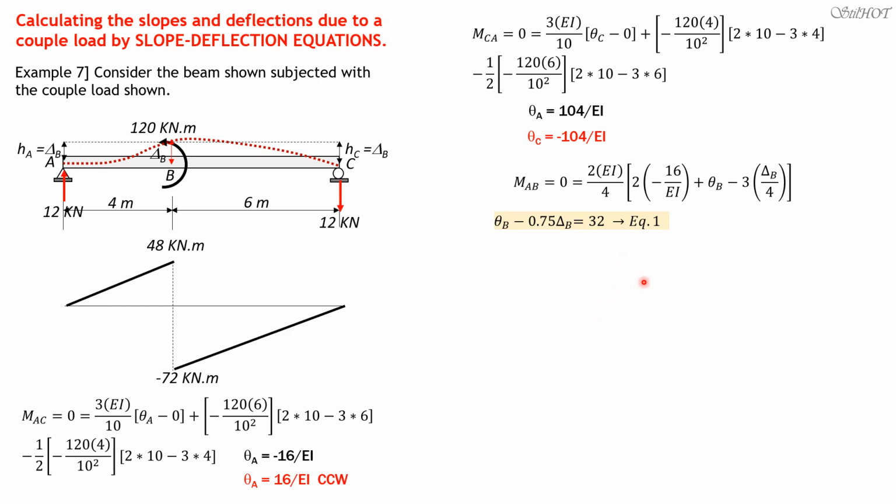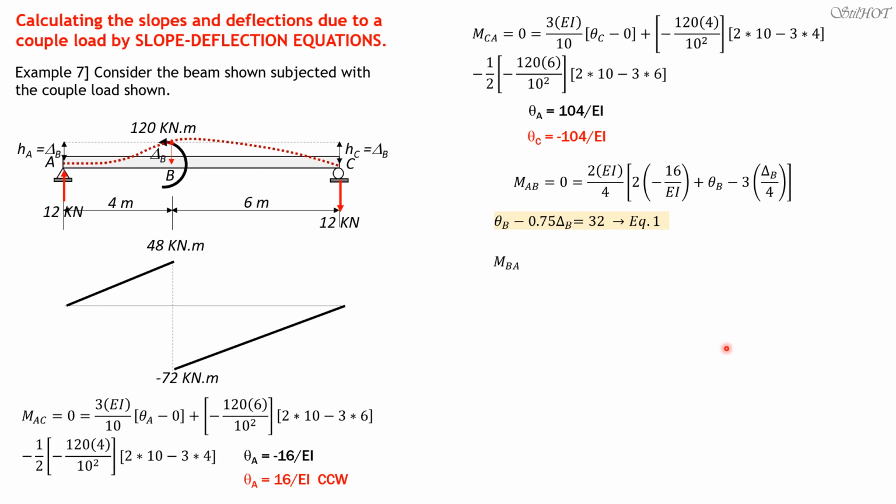Quantity theta B minus delta B over 4. Because our assumption again is B is below, the rotation is clockwise. If you have B to A, the rotation of the chord is also clockwise. It doesn't change.